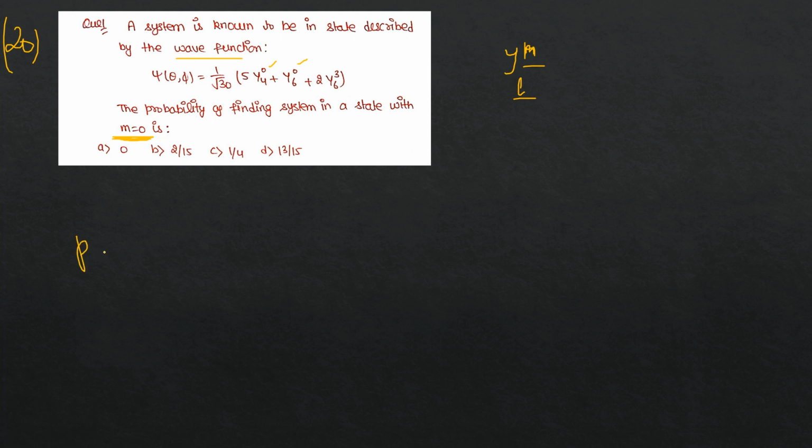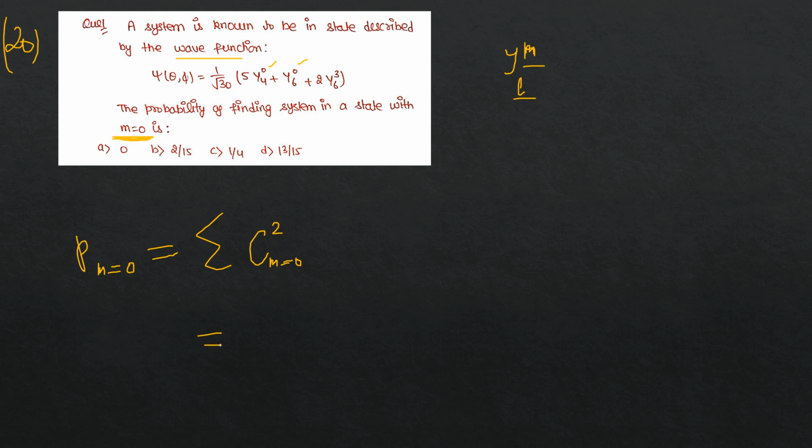The probability for m equal to 0 is the summation of c squared for m equal to 0, isn't it? For which terms? Those with m equal to 0.